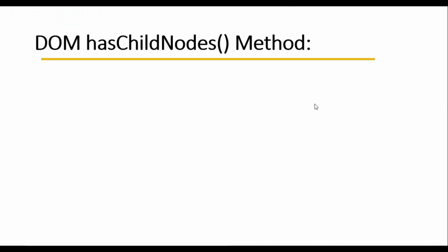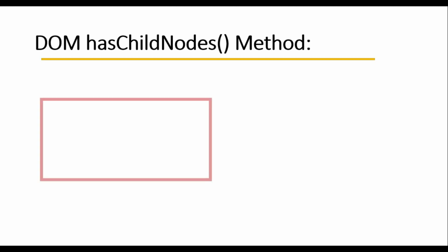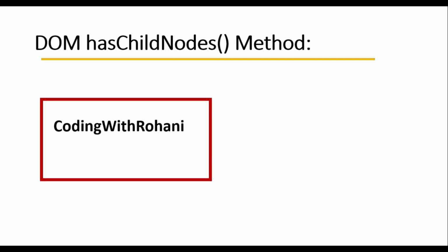And next we have the DOM hasChildNodes method. Let's suppose you have a simple div in your exercise file, and you want to check whether this div has a paragraph or any simple text, something like this you can see on the screen. For that you can use the hasChildNodes method.